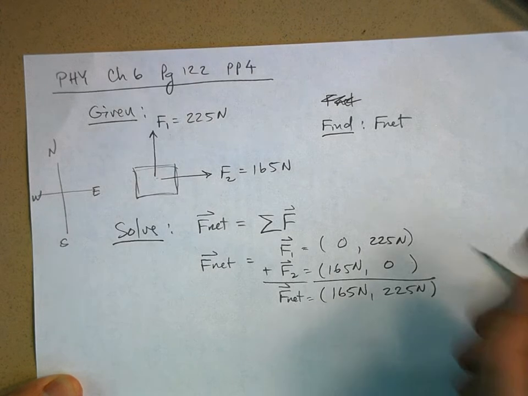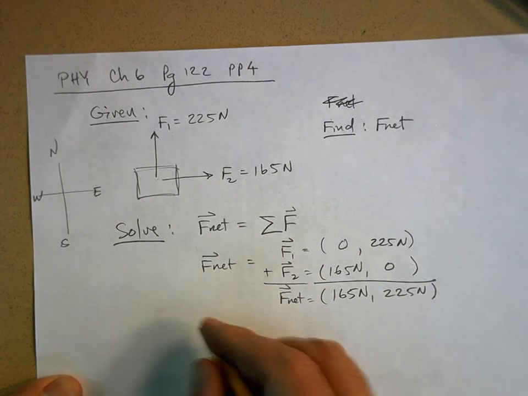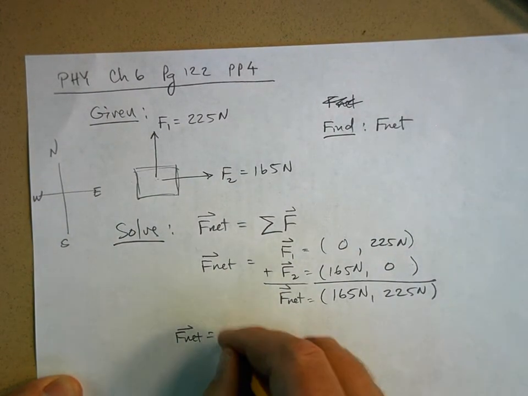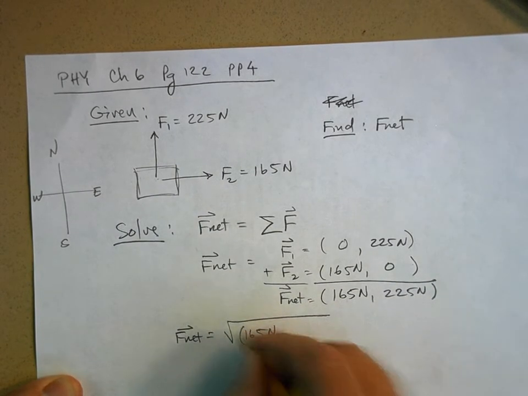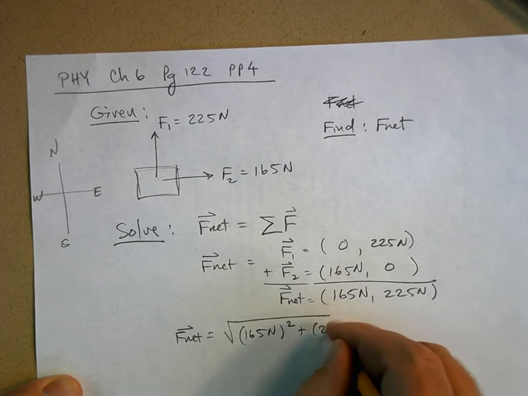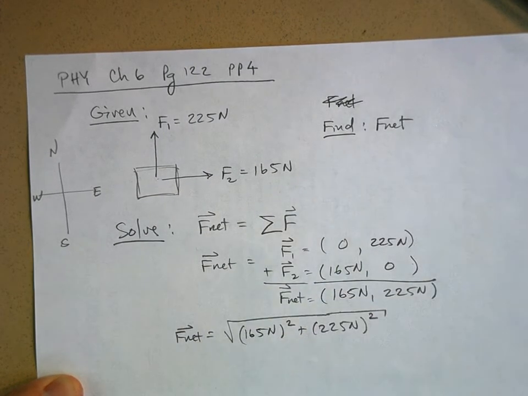Now they wanted the magnitude and direction, so they want this in polar coordinates. So now I could just say the net force is the square root of the X component of the net force squared plus the Y component squared.